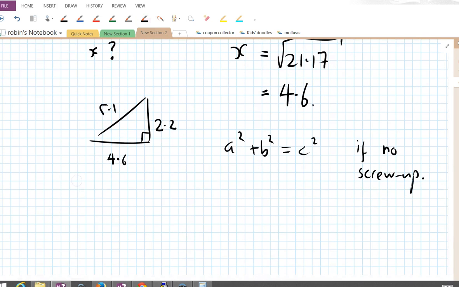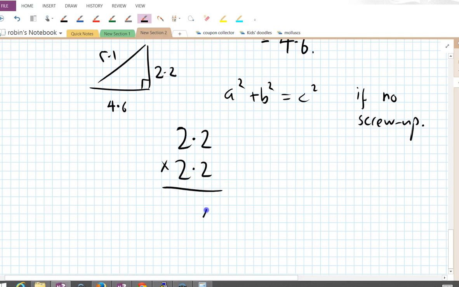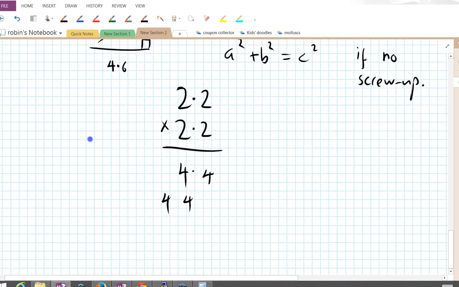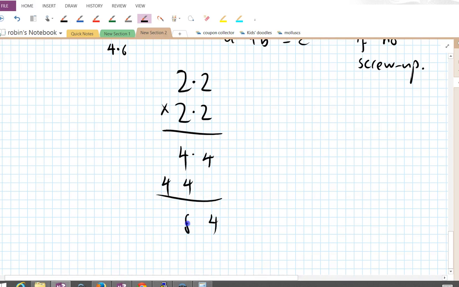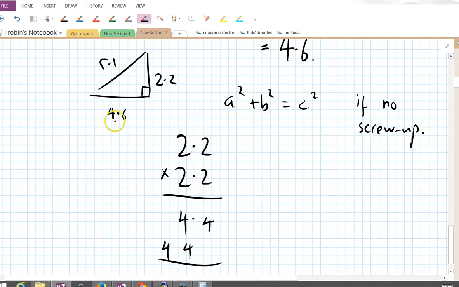So let's just have a look at it. What is A squared plus B squared? Well, what's A squared? That's 2.2. Oops, 2.2 times 2.2. Yeah. 2 2s are 4, 4, 4, 4, 4, 8, 4.84. What's this one? 4.6 squared.